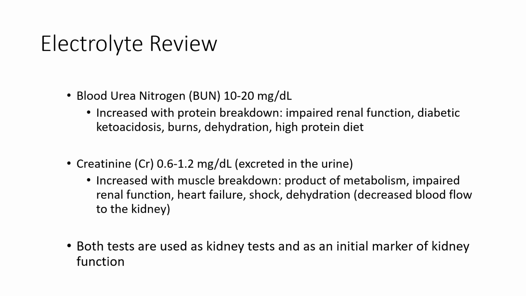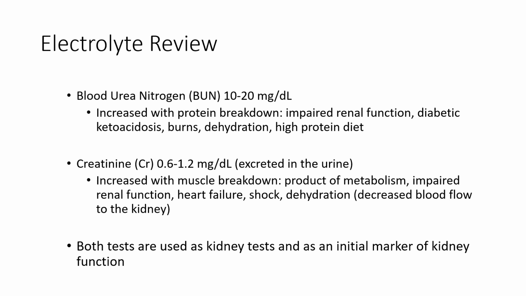Impaired kidney function, we spoke about. If you have impaired filtration to your kidneys, your BUN is going to go up. And anything where you have increased protein breakdown. So, for example, if you're starving, what's your body going to do?